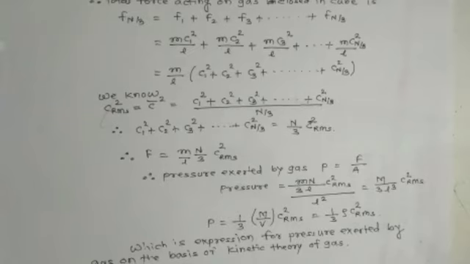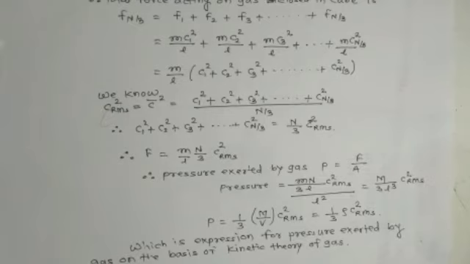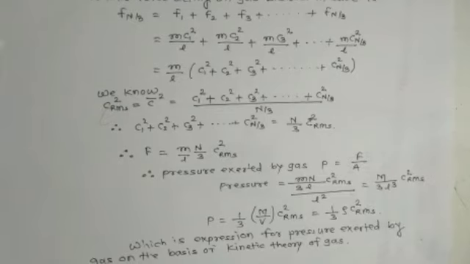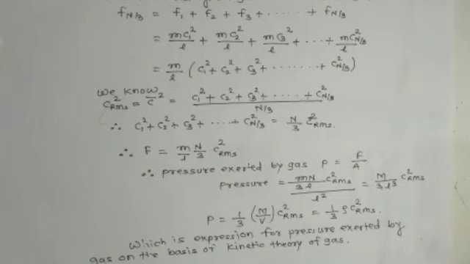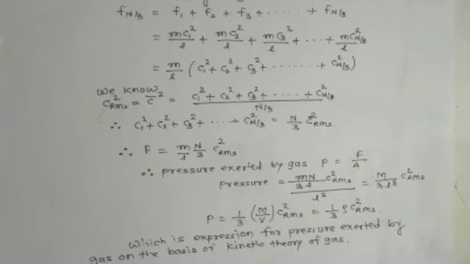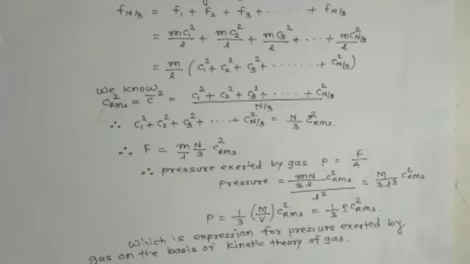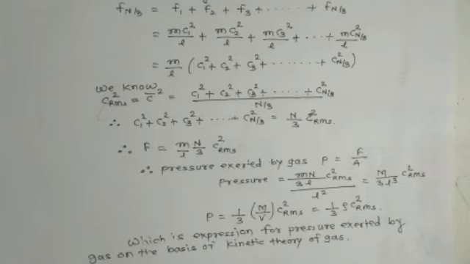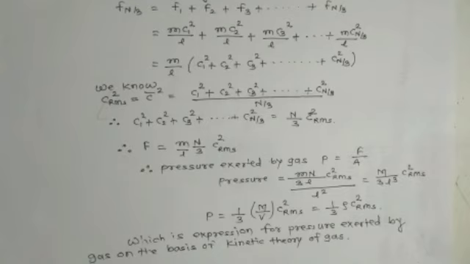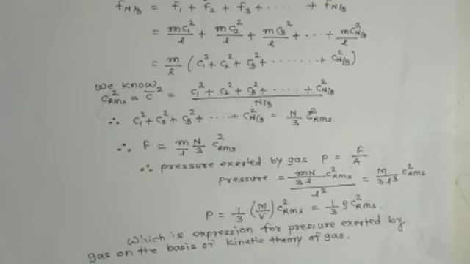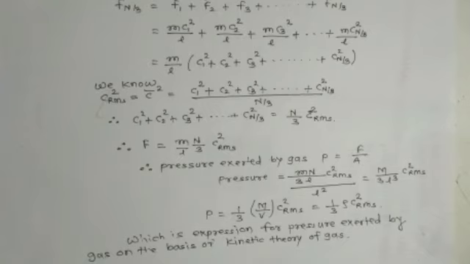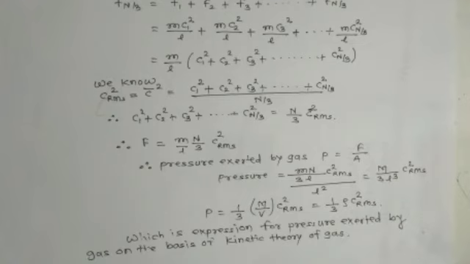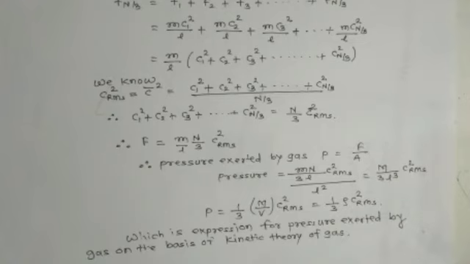If we substitute the value of N upon 3 c square RMS, then total force F equals m upon L times N upon 3 c square RMS. We know that pressure exerted by gas P equals force upon area. So pressure equals m N upon 3L c square RMS upon L square, so m upon 3L cube c square RMS.